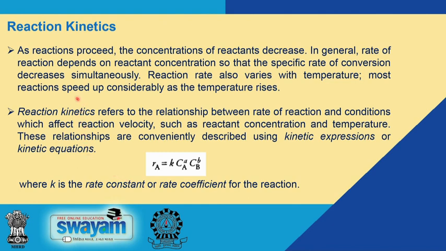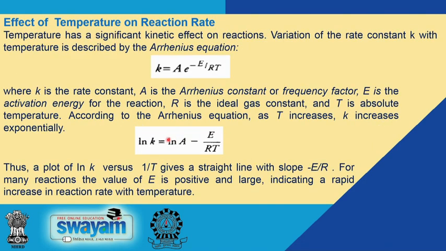Then reaction kinetics will be calculated from these biological reactions. The overall reaction kinetics from the chemical point of view we can present in this equation, but for biological reactions it normally comes in a different way.